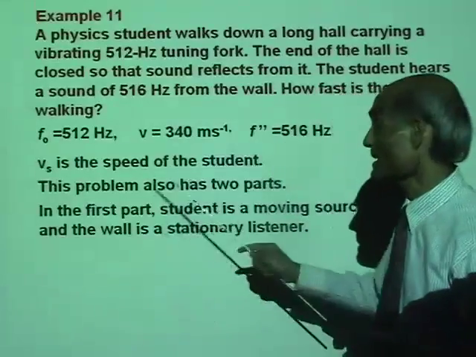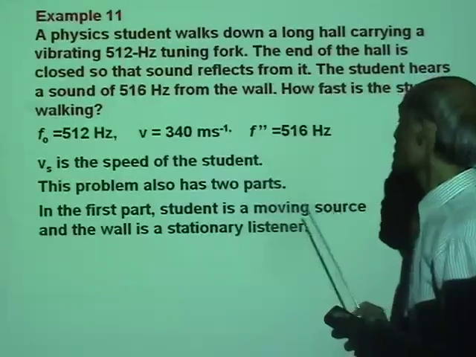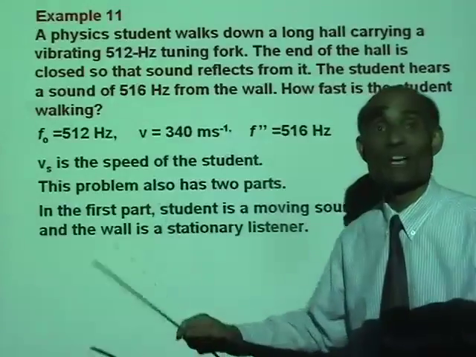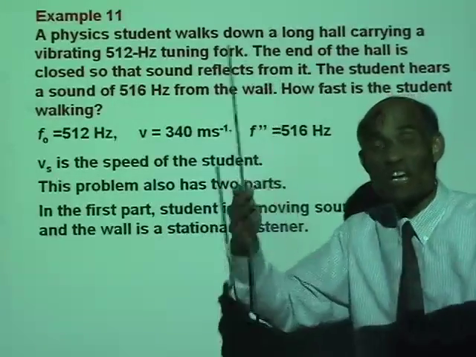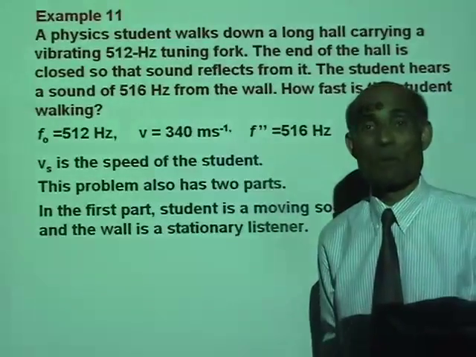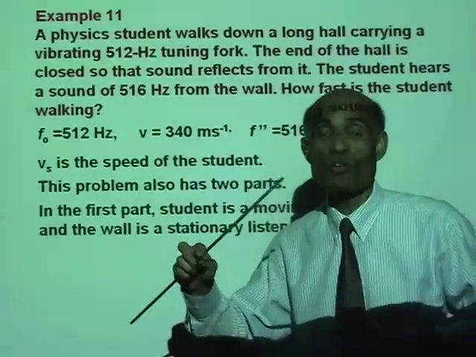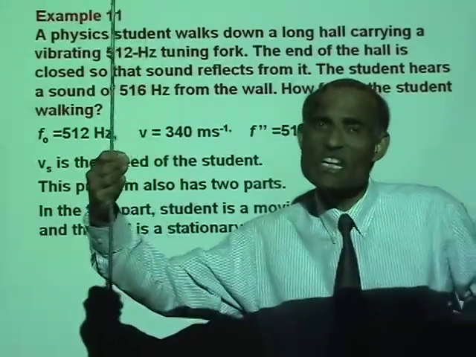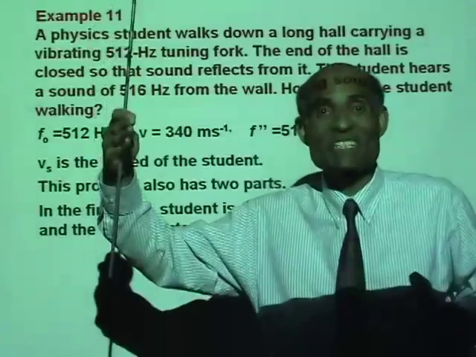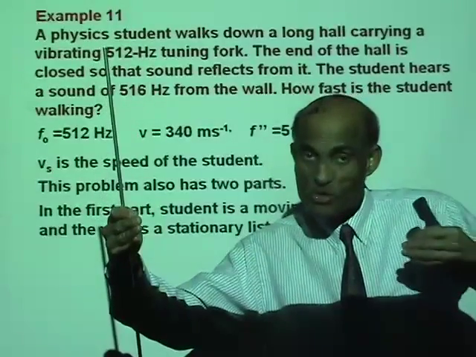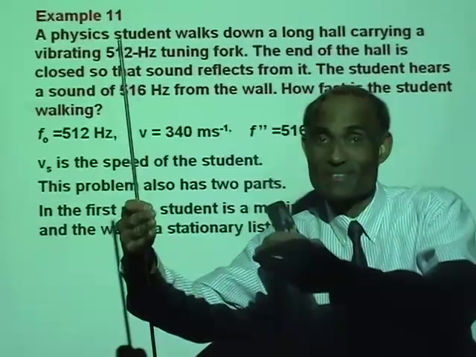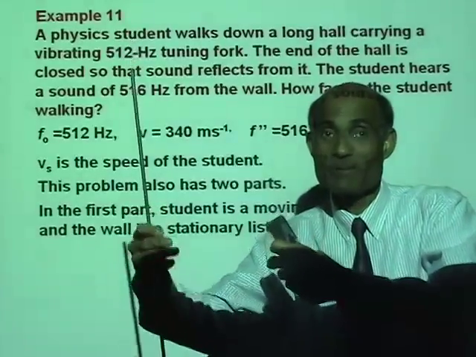What is the first part? In the first part, the student is a moving source and wall is the stationary listener. Now, what is the equation for the frequency as is received by a stationary listener when the source moves towards it? Can you recall that formula?